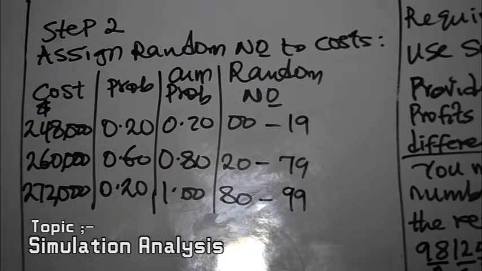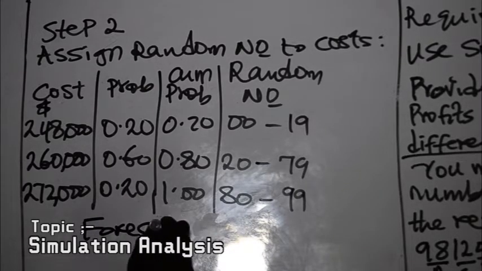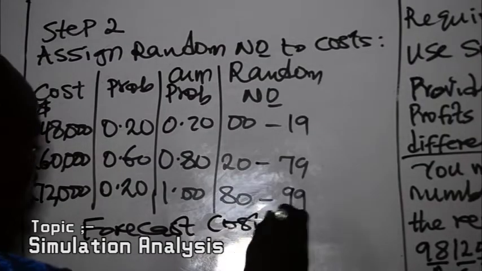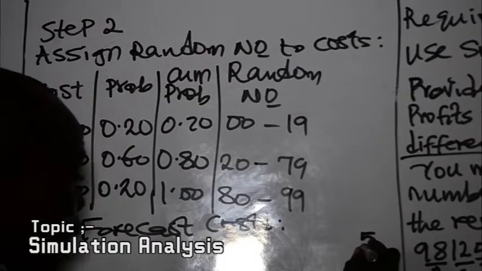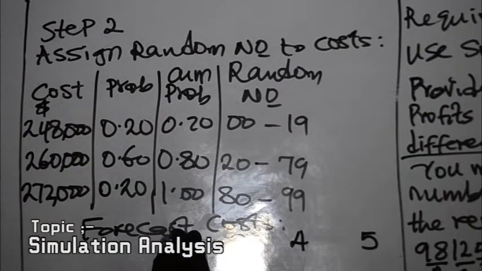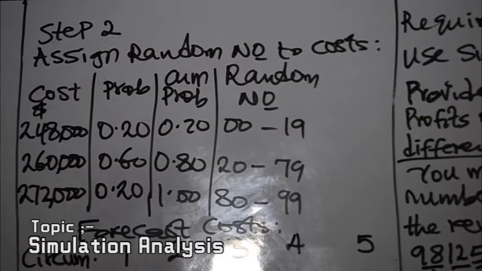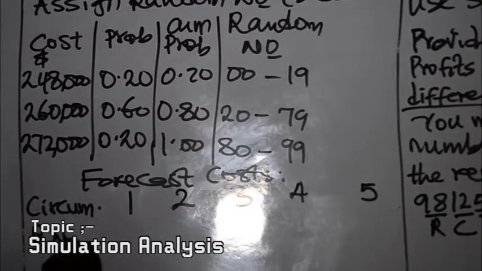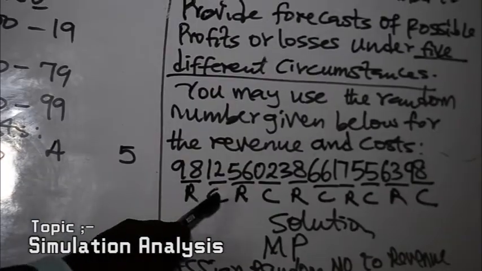Having done that, let's have the forecast cost under 5 different circumstances: circumstances number 5, 4, 3, 2, and 1. Then you have the random numbers associated with cost.